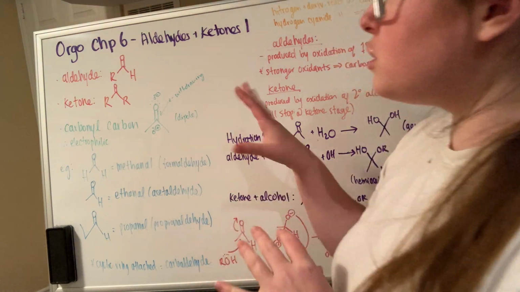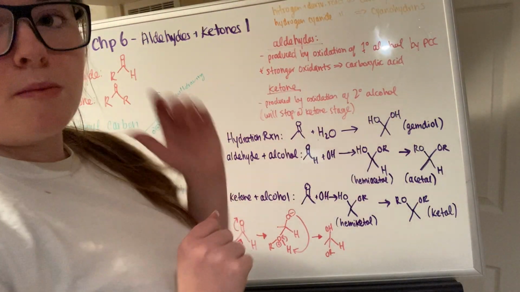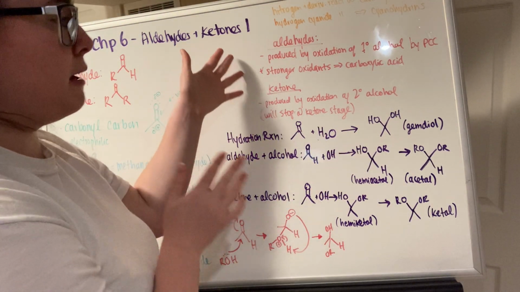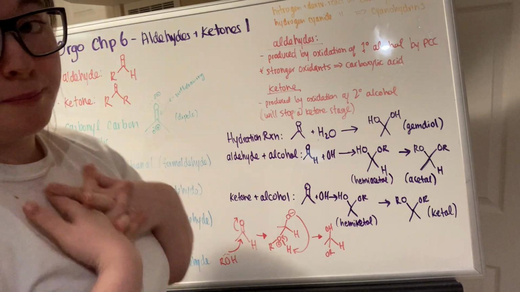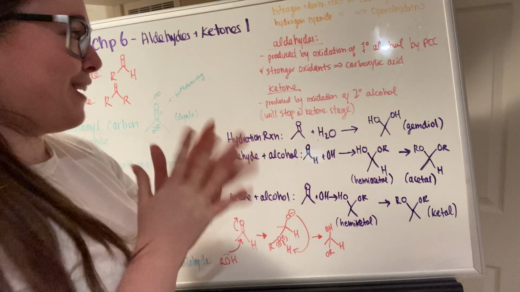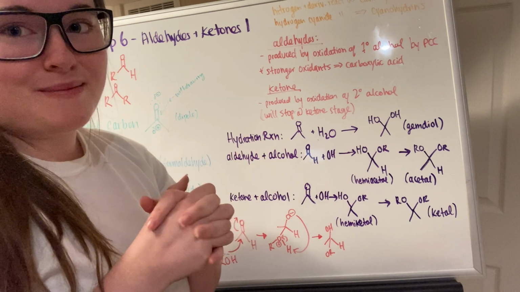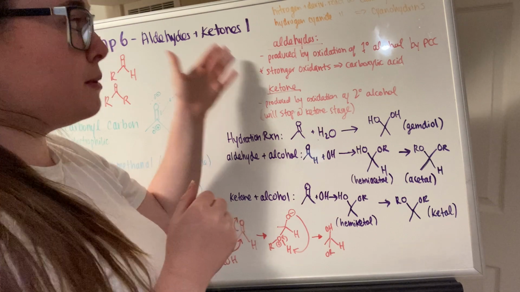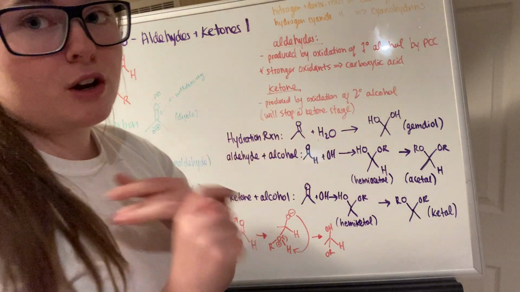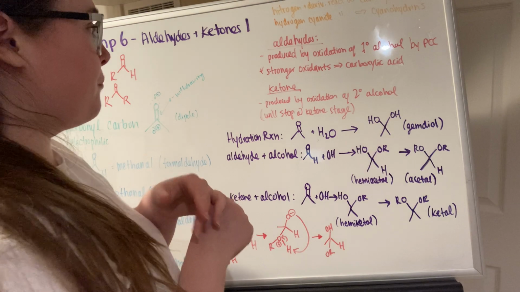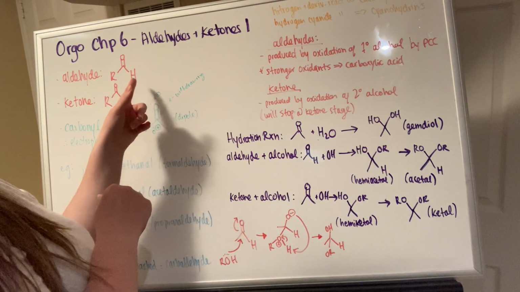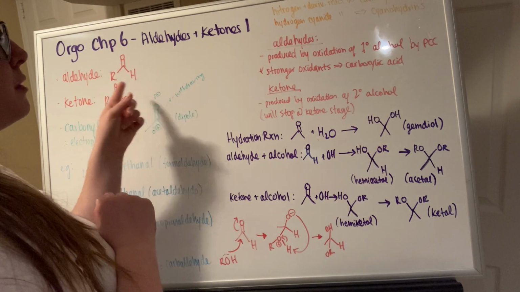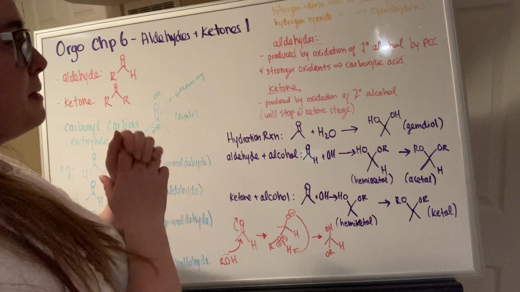Okay? So just some basic information before we get into the more difficult things, which are on this side of the board. So again, this red part is a little bit of review, but personally I had to learn this oxidation so many times that it wouldn't hurt to listen to it again. So aldehydes can be produced by the oxidation of a primary alcohol by PCC. Okay, so we have an aldehyde over here. This is what is produced if you have a primary alcohol that is becoming oxidized, right?